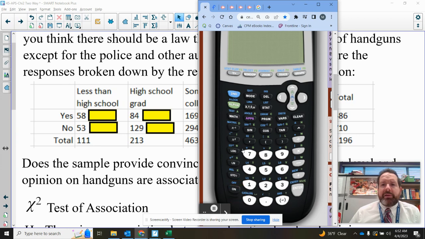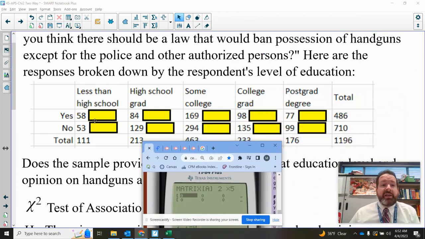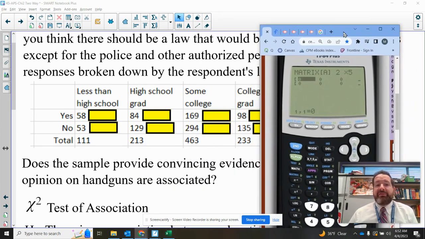So calculator on, let's do matrix, and we need to edit. And I'm going to recommend just always edit matrix A. You need to give the dimensions, how many rows and how many columns. Now, don't include the totals here, just the two responses and the 5 education levels, so 2 by 5.